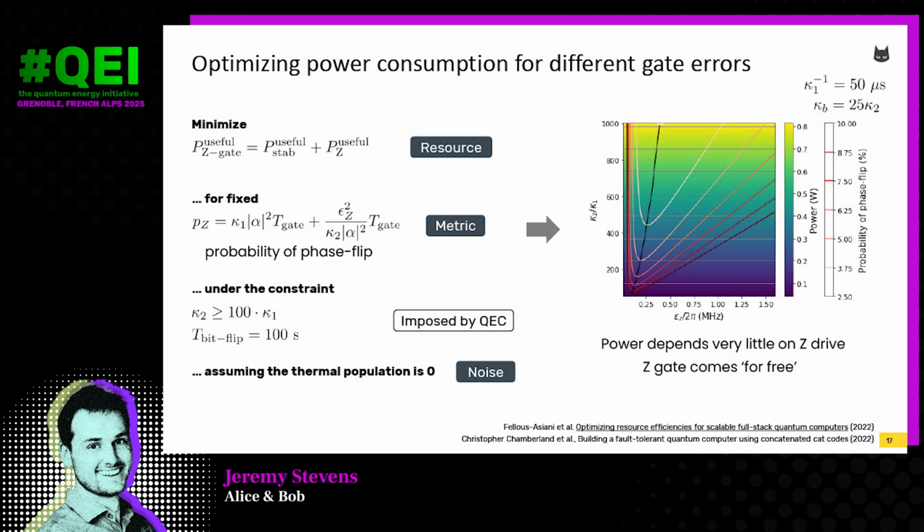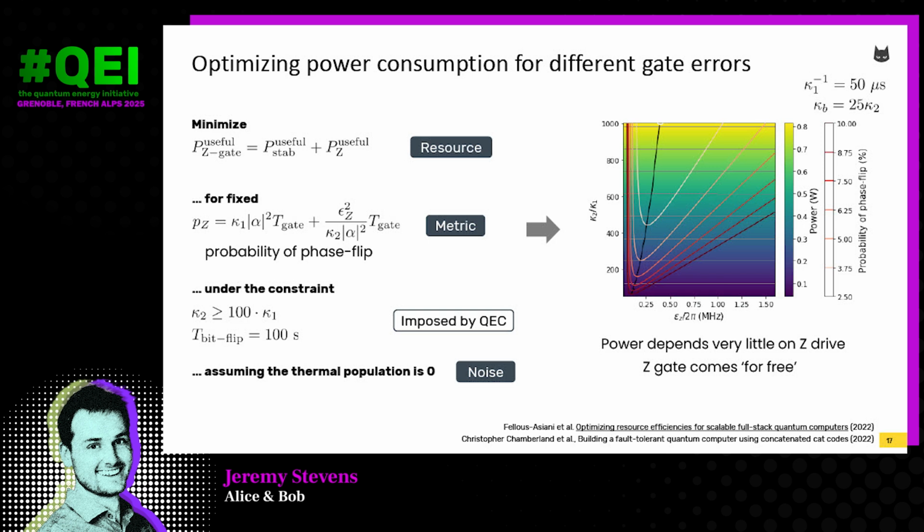The color scheme here, from blue to yellow, is the power consumption for each regime of parameters. I've overlaid these gray lines, which correspond to ISO power lines of the color scheme, just so that it's easier to see. And on top of that, I have in red, in different scales of red, the probability of having a phase flip here.